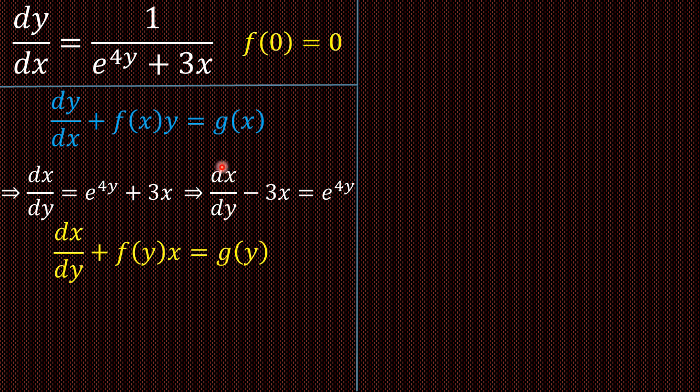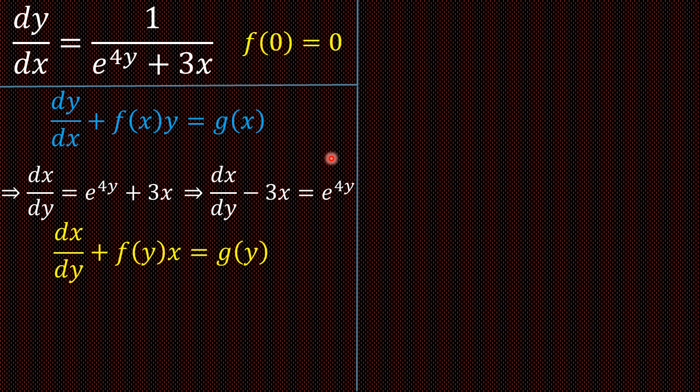This is our dx/dy, then we have our f of y in this case, which is negative 3, the x, we have it, then g of y, this is a function of y. Perfect. So friends, I think everything is as what we have.